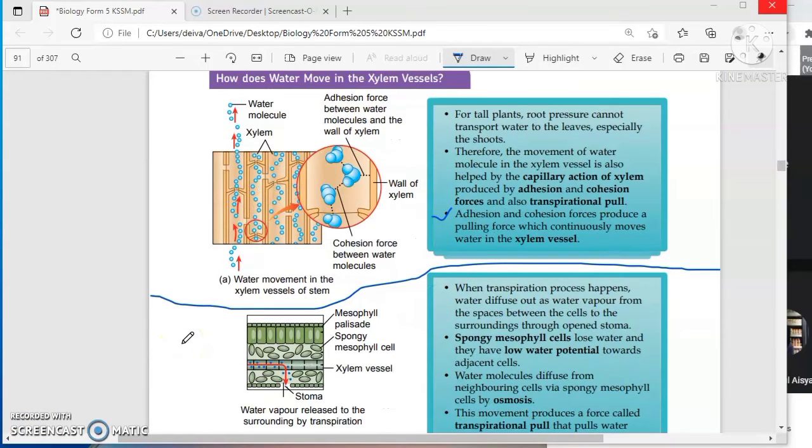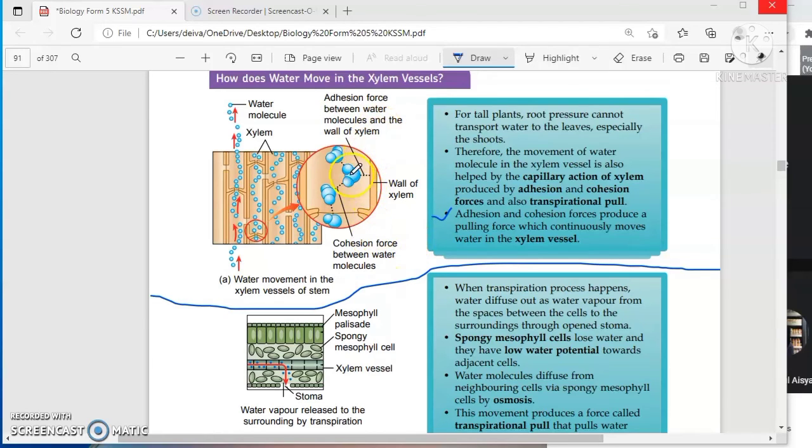Okay, here, this is capillary action. Capillary action has two forces here, that is adhesion force and cohesion force. Adhesion force is the force between the water molecules and the wall of the xylem. They pull each other, they stick, so the water will go up like that.